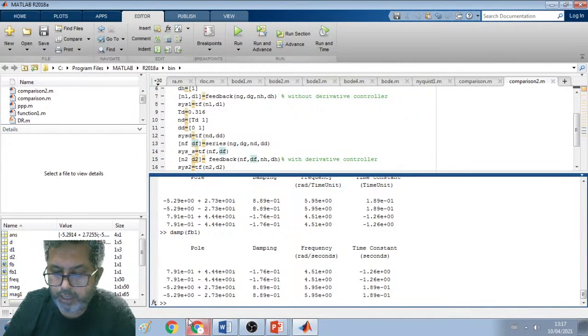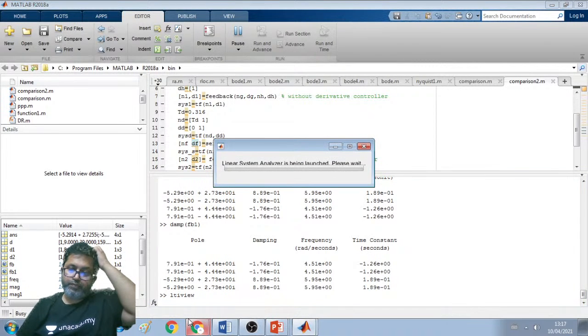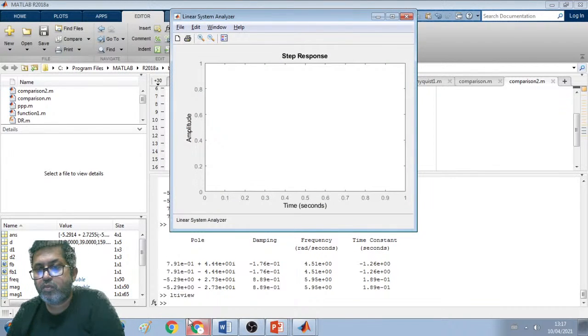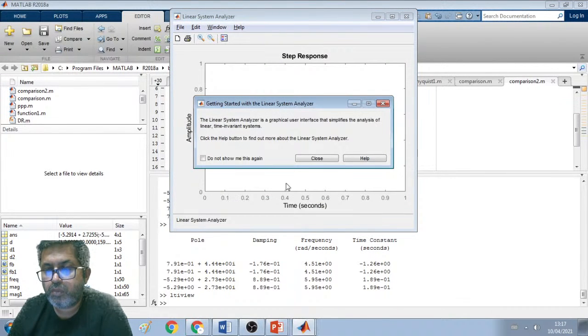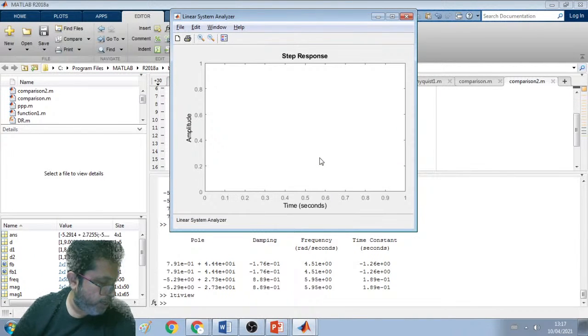Then there is the LTI viewer. You know that LTI viewer also.